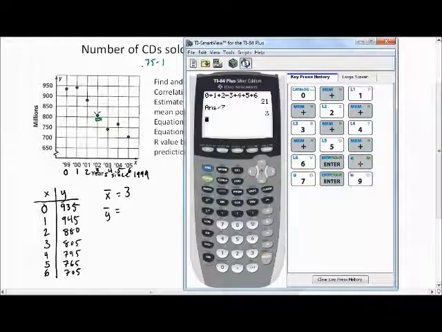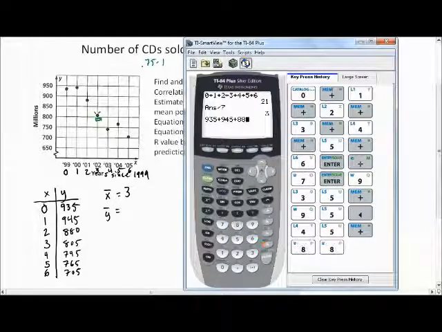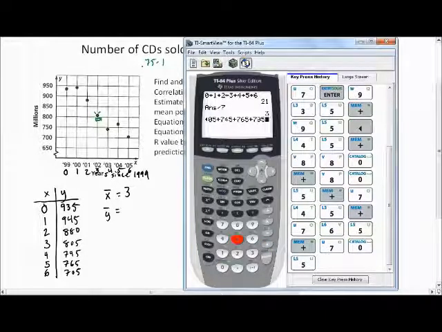And then we're going to do y bar as well. So we're going to go 935 plus 945. This calculator is going to be the death of me. Plus 880. Hold on. Okay, so I just typed them in. Everything's there all the way up to the 705. Push enter. Get the sum. Divide by how many there are.